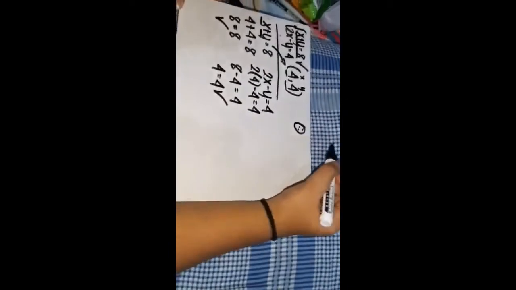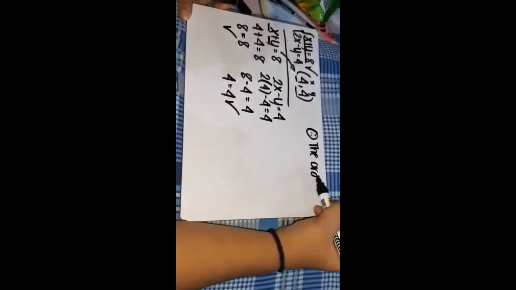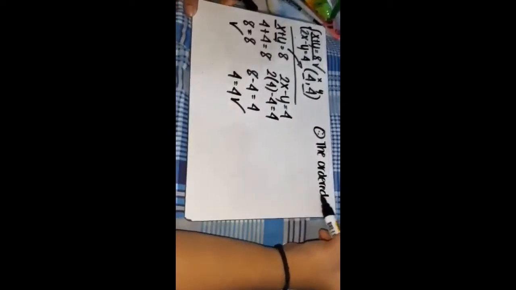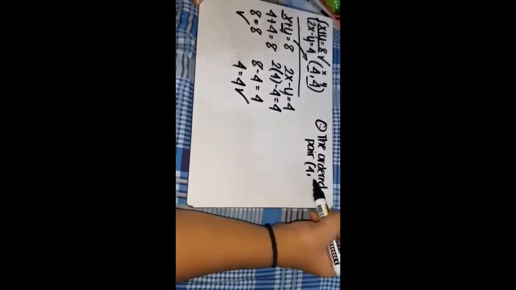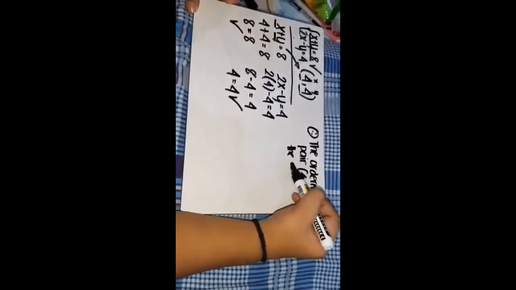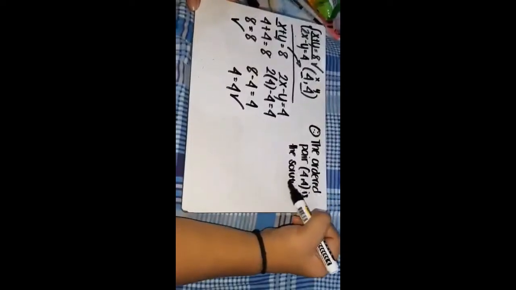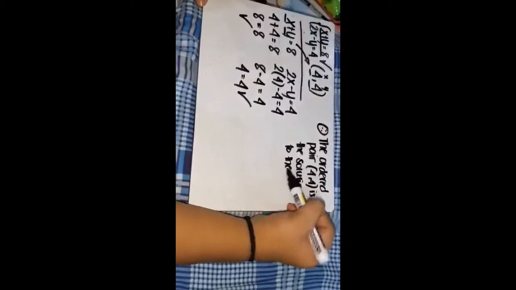The conclusion to this is that the ordered pair, which is 4 and 4, is the solution to the system.